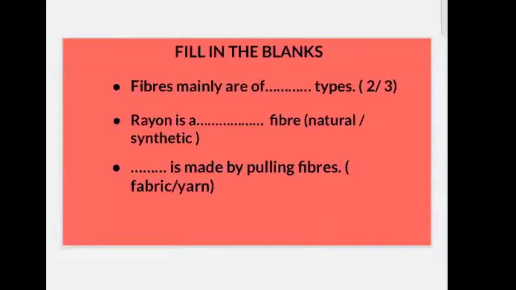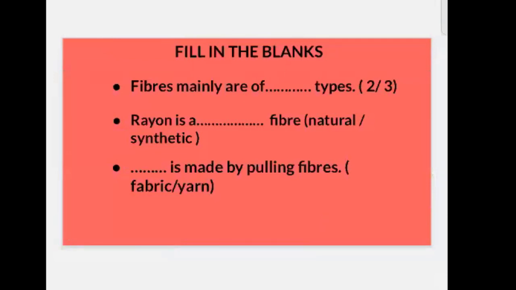Now next, few fill in the blanks. Fibers mainly are of dash types. How many types of fibers are there? Two. Yes. Can you tell me which are there? Okay.